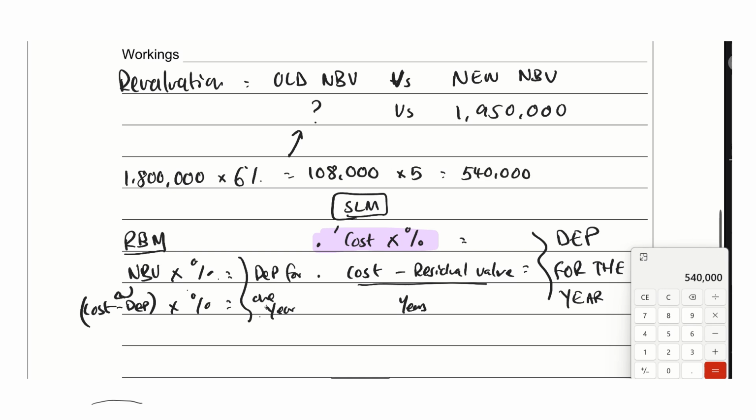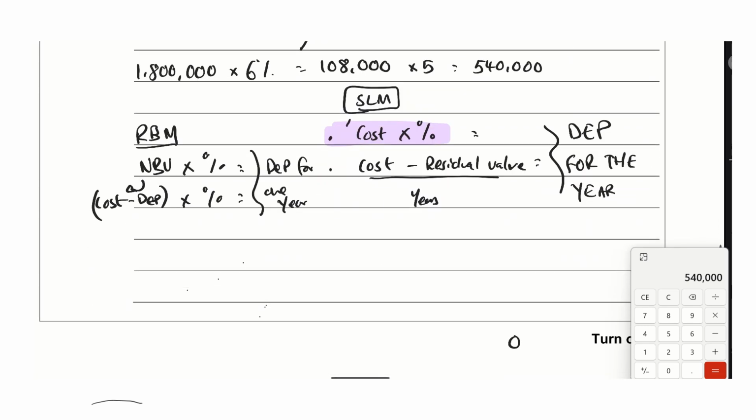Now we can work out the old net book value, because to work out the old net book value, we just do the cost, take away the depreciation. So we do cost, take away the accumulated depreciation, which is the total depreciation, to work out the net book value. So the cost is 1.8 million.